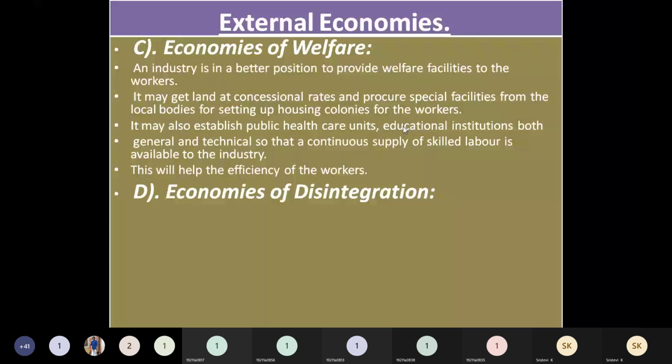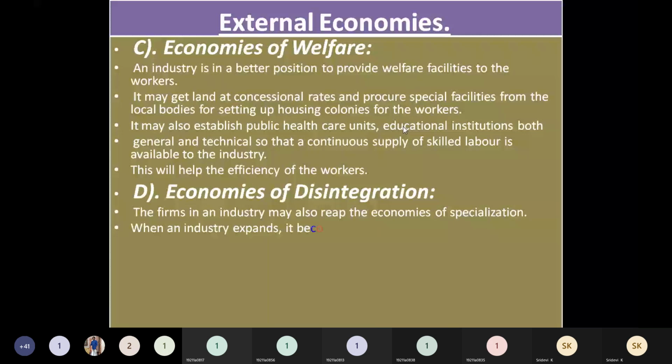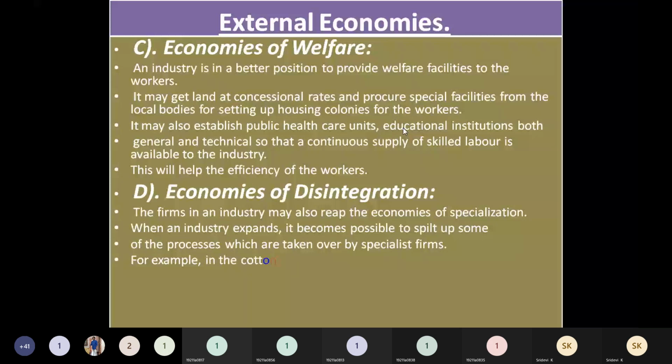And economies of disintegration. What do you mean by disintegration? Disintegration means that if a company has grown, the work will be expanded. Automatically they will divide the whole work into small parts, small processes, and separately you can have specialized firms.